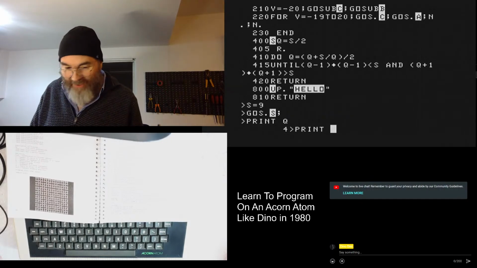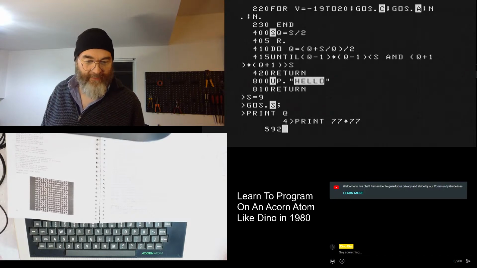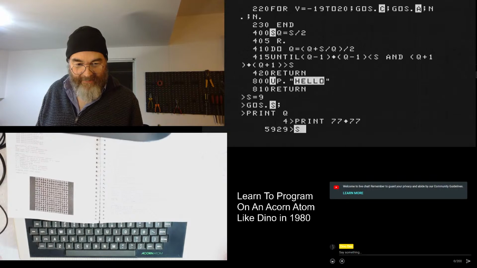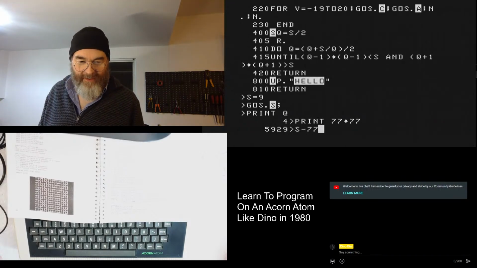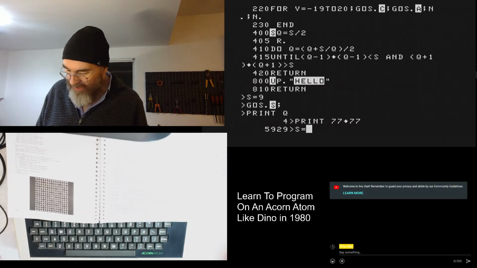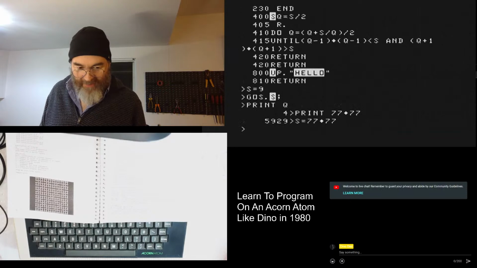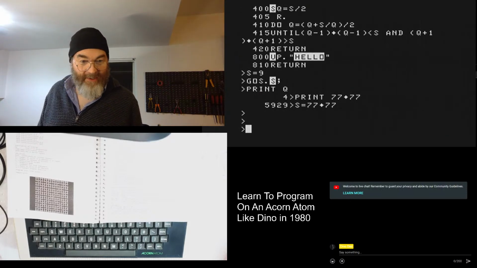So let's try something. 77 times 77. Right, I'm going to set S equals 77 times 77. There we go. And then we're going to do the GOSUB. I can just come up here and copy that. There we are.